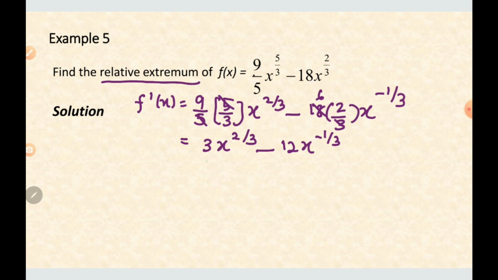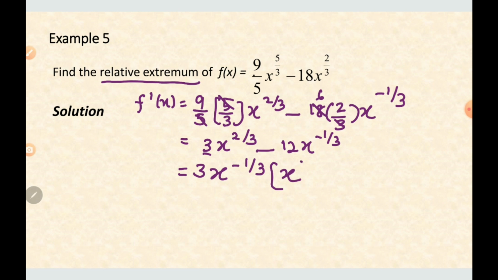Okay, then you need to factorize. We choose the smallest power here, that is x to the power of negative 1 over 3. We have 3 and 12, you can factorize 3. So the remaining term here is, we have x to the power of 1. 1 means 3 over 3. 3 over 3 minus 1 over 3, the answer is 2 over 3.